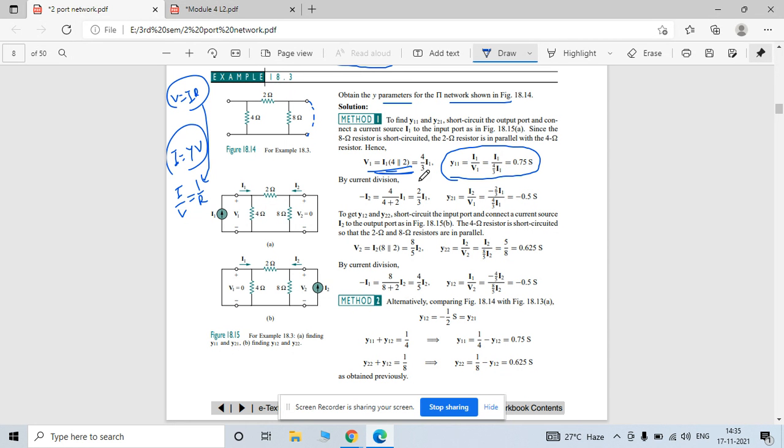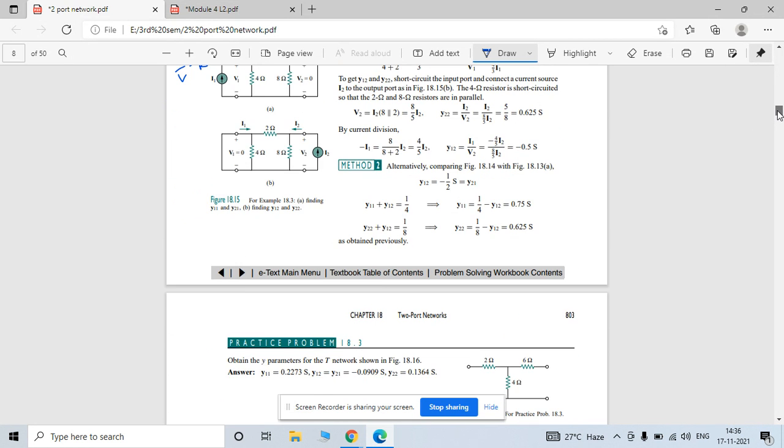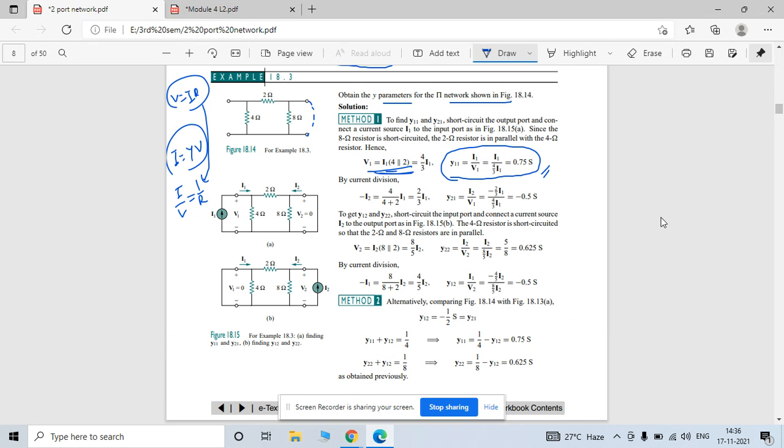At the end, 1/R is nothing but your Siemens, this admittance, and the unit is Siemens. So find out each parameter for this Y matrix. At the end, rewrite all the parameters in your matrix form.